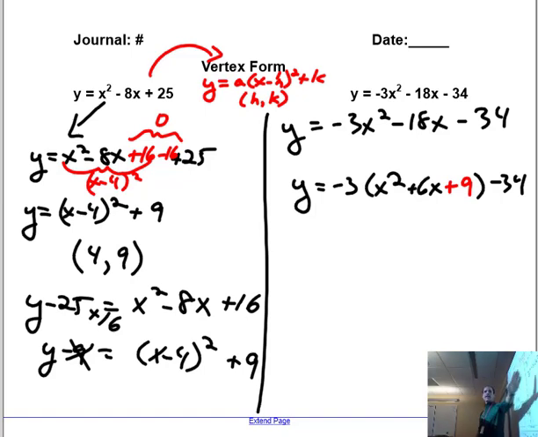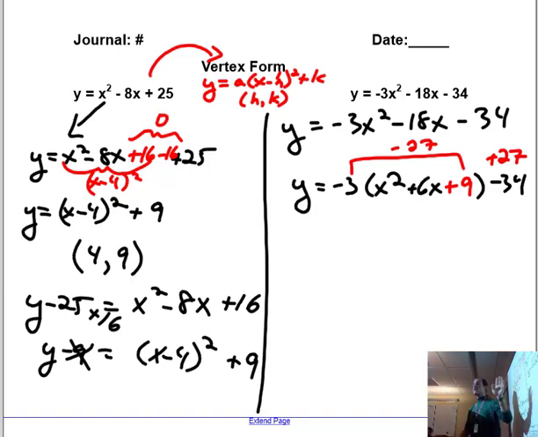Because that 9 was the correct choice. It was half of 6 squared. But everything in there is being multiplied by -3. So my net change is going to be -27. That means I have to add 27 out here. And then it'll be 0. Does that make sense? Well, I don't want to change the right side of an equation without changing the left.